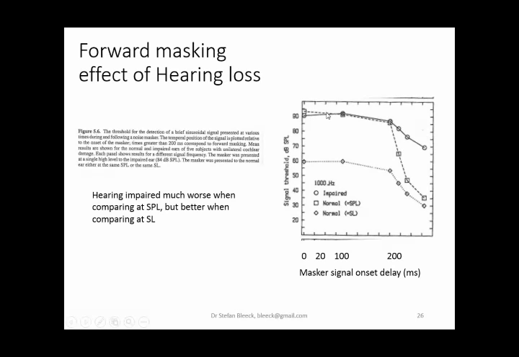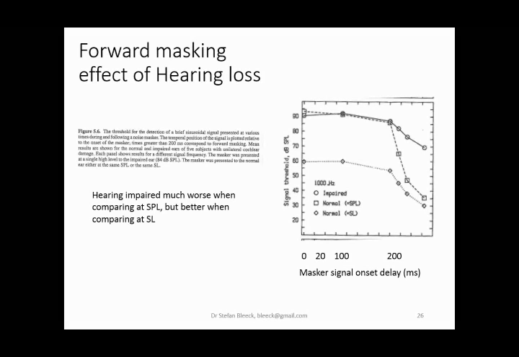So you get the same thresholds for the perception during the noise, but then you get a much sharper effect of the forward masking. Okay, so the hearing impaired person will suffer more from this forward masking than the normal person, but only if you play the sound at the same SPL.